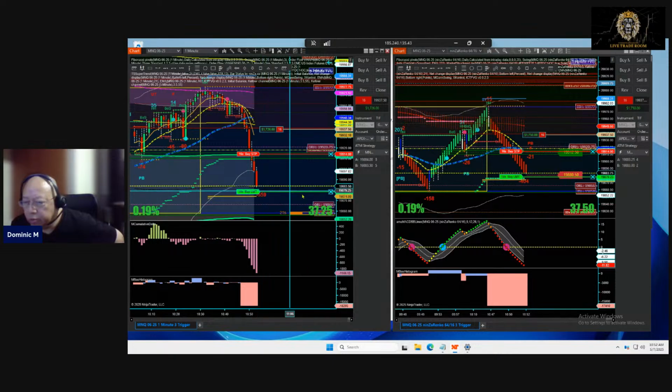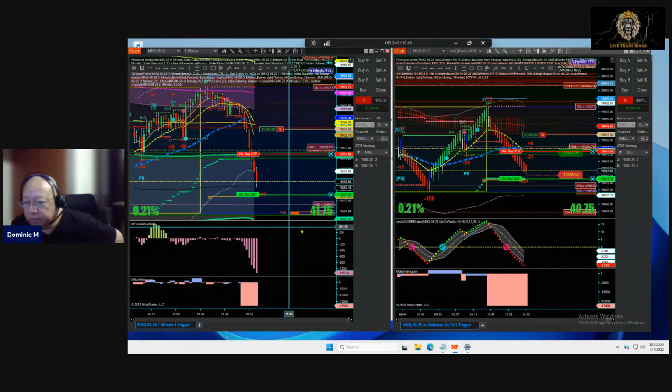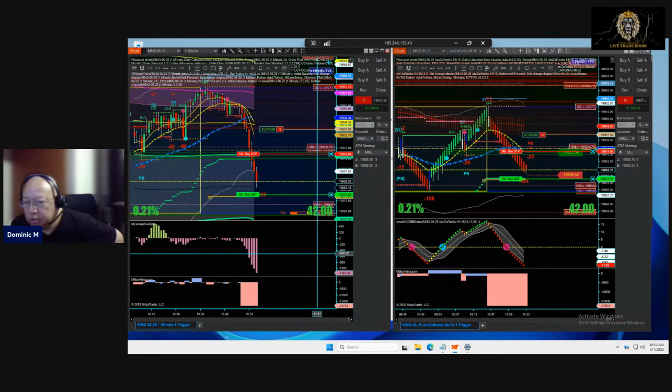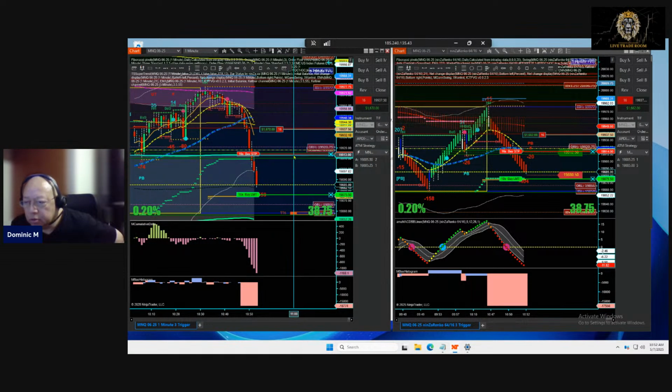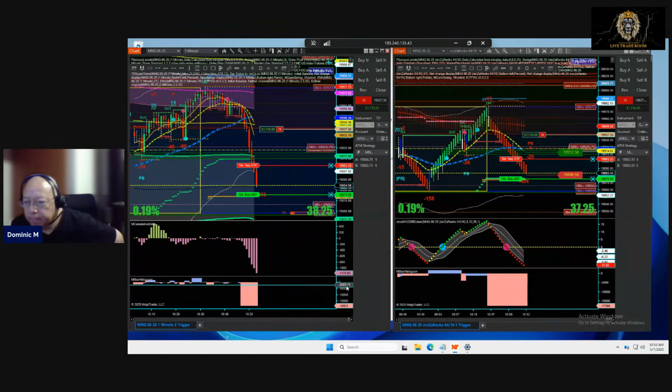Okay, it's hitting the 1.5 deviation. Still, it looks like it stands strong. Still have enough momentum to hit that pivot point at least. So what we're going to do is bring this further down so you can hit 2,000.